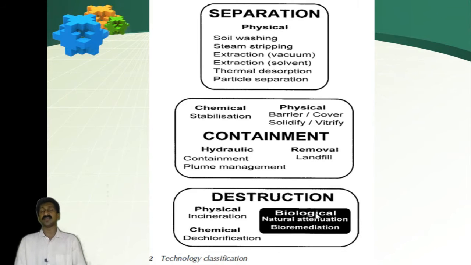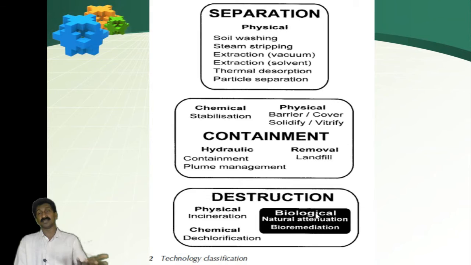There are different types of containment, and it can be stabilized within the containment using chemical stabilization methods, and you can use physical barriers or covers and solidification and vitrification methods, so that it will be confined to some area. Then hydraulic containment methods for underground or water contamination management.